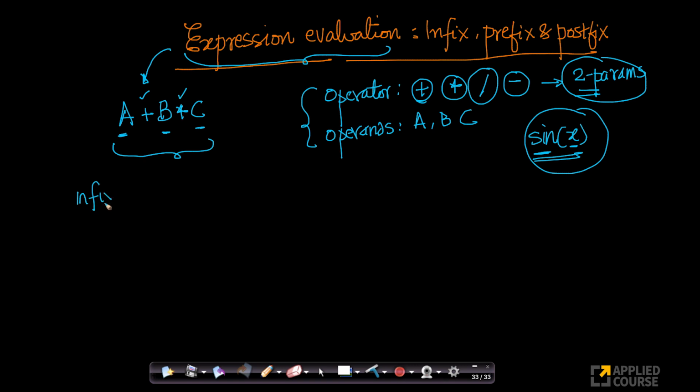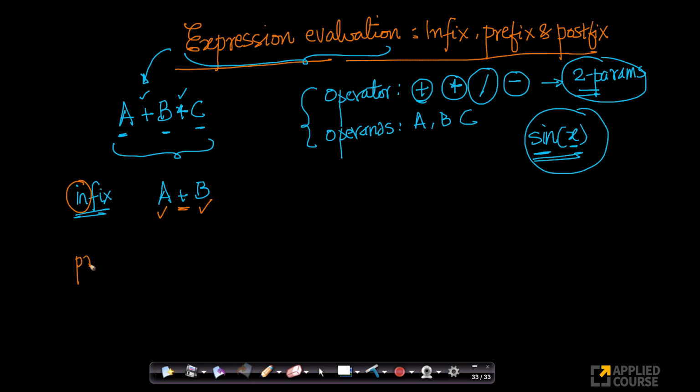Why is it called infix notation? Infix is what we typically use. It is called infix notation because look at this very simple thing, A plus B. In infix notation, I place the operator, this addition symbol, in between. The word in here basically means I place it in between the operands that I have. That's why it's called the infix notation.